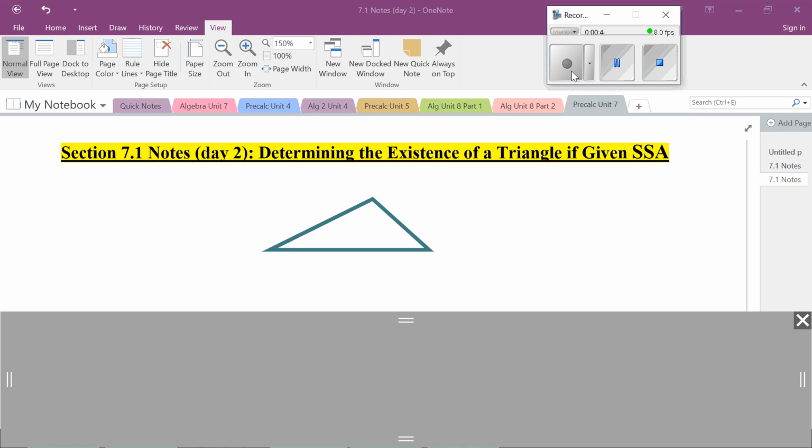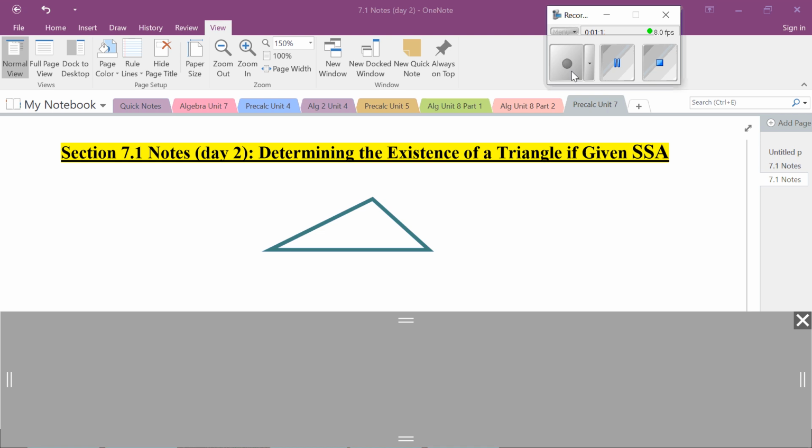We have to be super, super careful when given side, side, angle. That's because even if they give you all that information, two sides and an angle, that doesn't mean that those sides and that angle form a triangle at all. So today we're going to talk about how we can tell, if they give us two sides and an angle, whether a triangle is even possible.